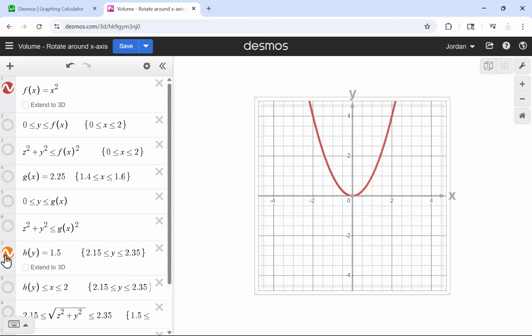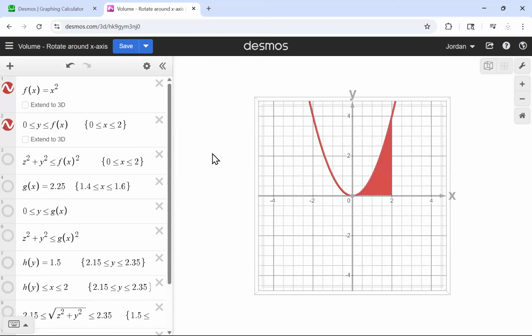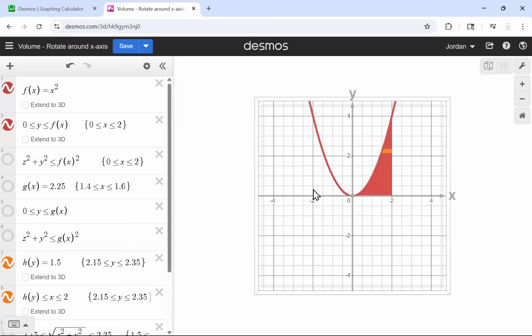With the shell method, what I'm going to do is, instead of orienting my rectangles perpendicular to the axis that I'm going to rotate around, I'm going to orient my rectangles horizontal, or in this case, but parallel in general to the axis that we're rotating it around.